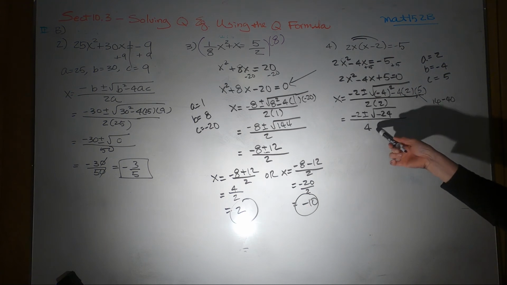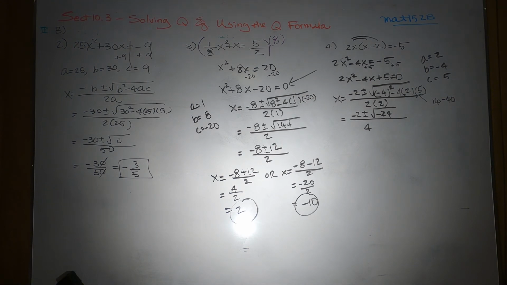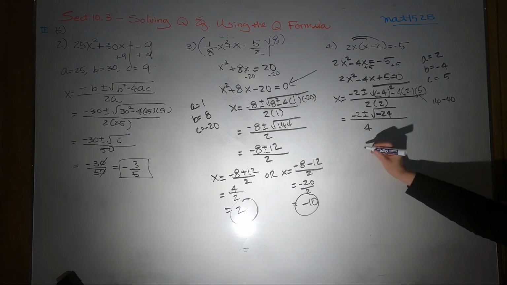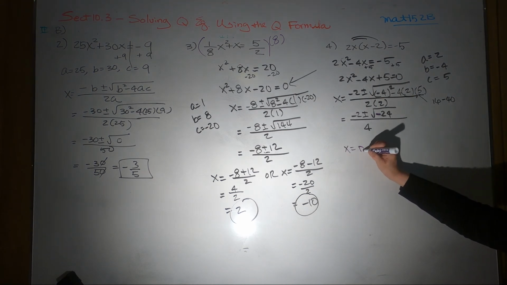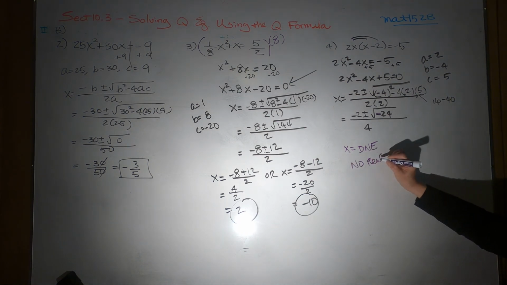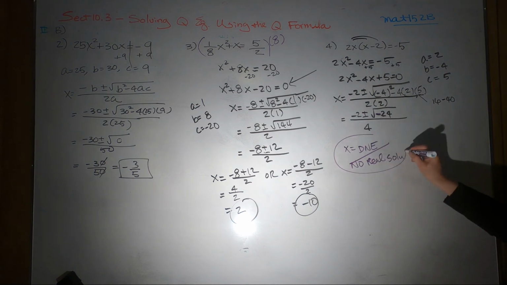You can split them, write it, and simplify. However, we said for an even root, can we have a negative inside? We cannot. So what's your x? We say it doesn't exist, or no real solution. Either way will be fine.